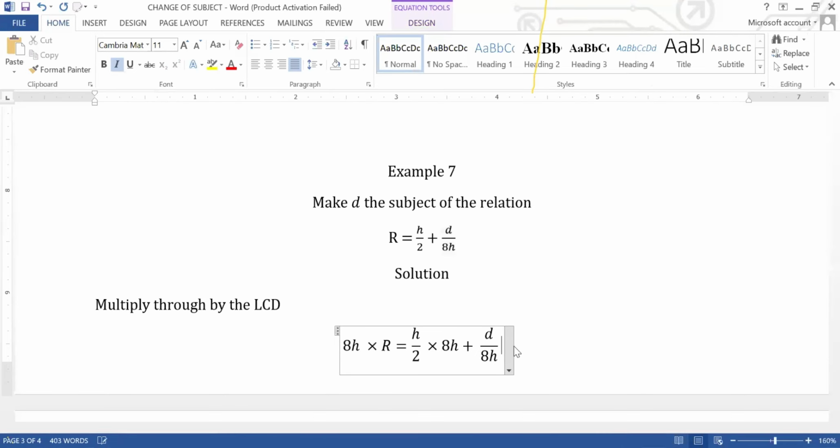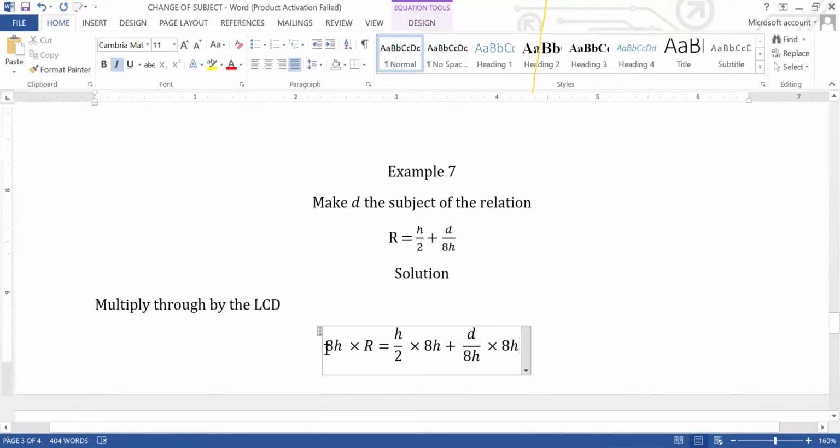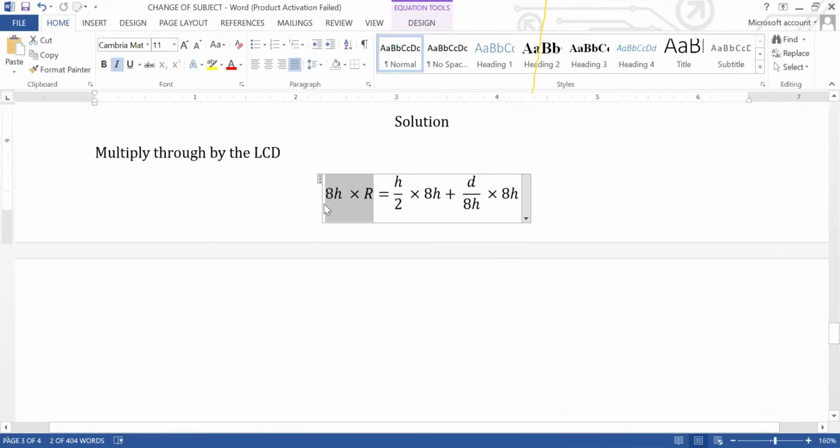In real life, when you are solving it, you don't need to be so strategic and show it this way. You can just go ahead and do it. I want to show it so everyone sees that I multiplied through by 8h. All of them have it, 8h, 8h, 8h, because 8h is the least common denominator. After doing that, I simplify.